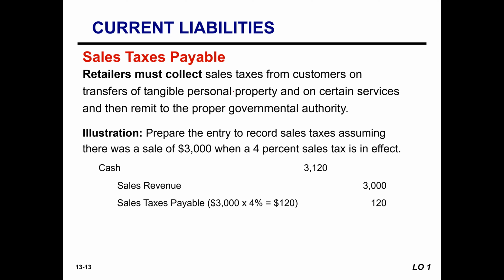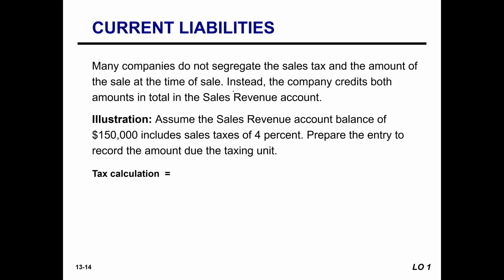Okay, not too bad. I think we've seen that before. Okay, here's another example. In this example, a company does not record sales tax separately on the initial transaction. They have to go back and do an adjusting entry, basically.